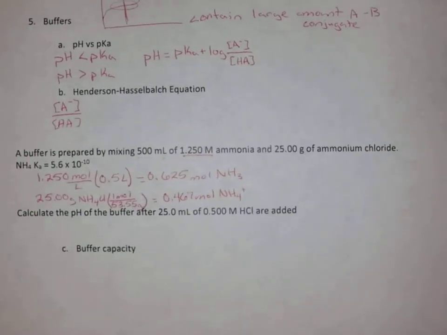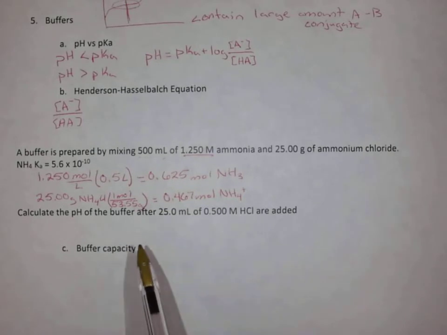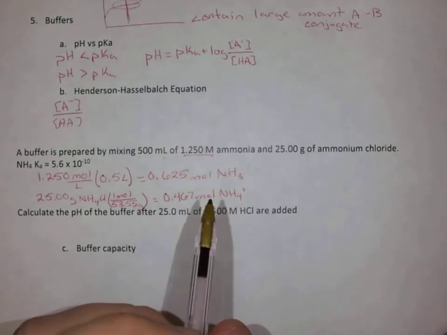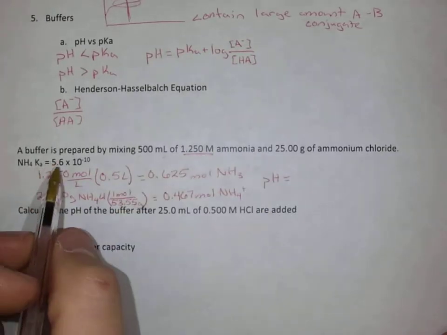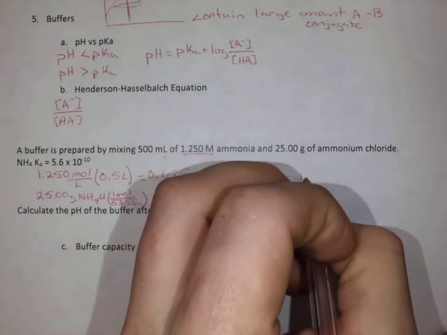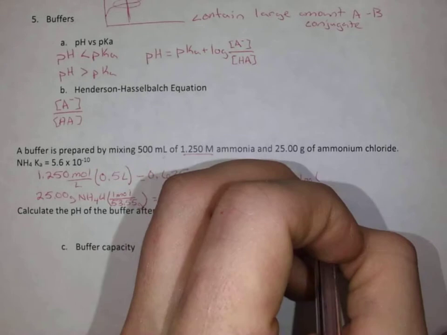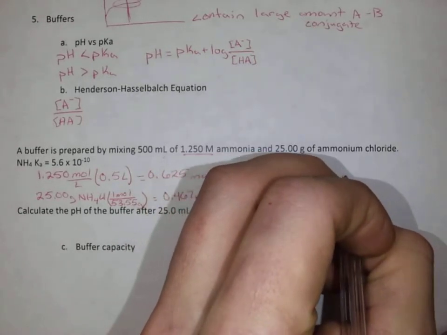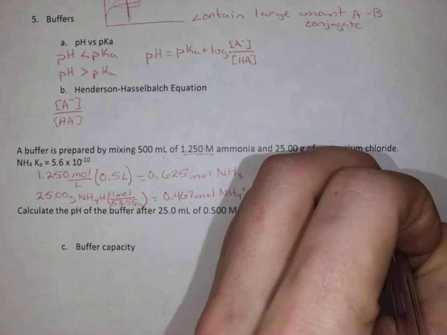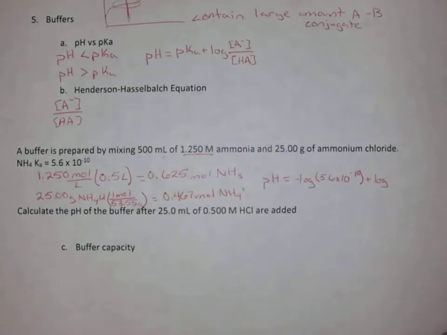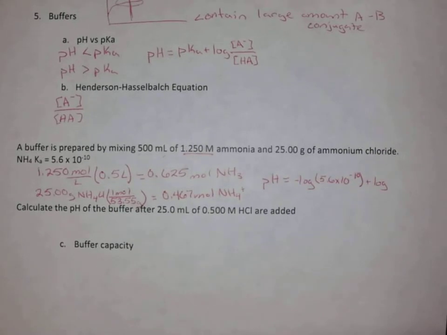Now we have those two, so we should be able to calculate the pH. pH equals pKa, and we have our Ka, so negative log of 5.6 times 10 to the minus 10th, plus the log of the concentrations. The liters cancel out, so we're basically just using moles.